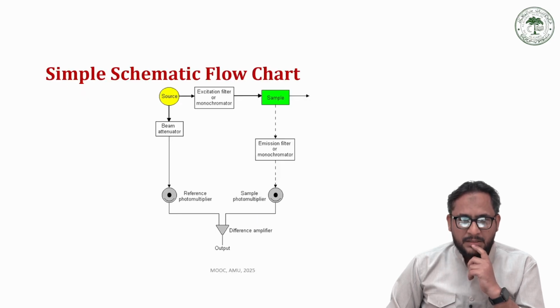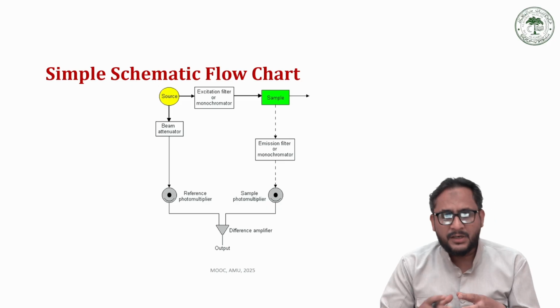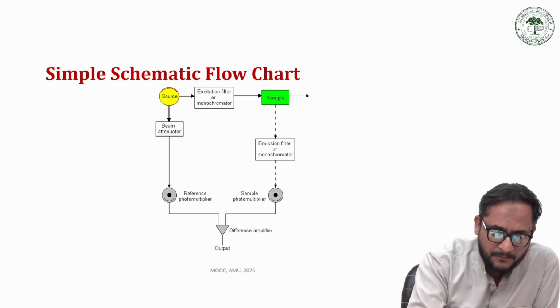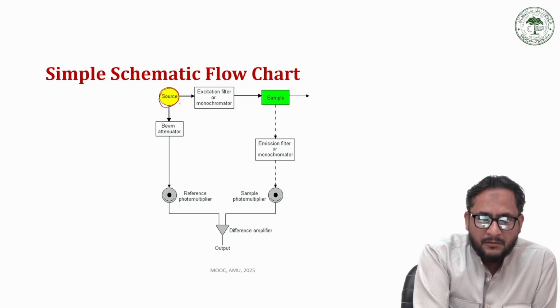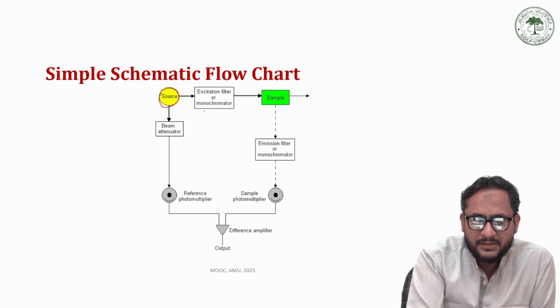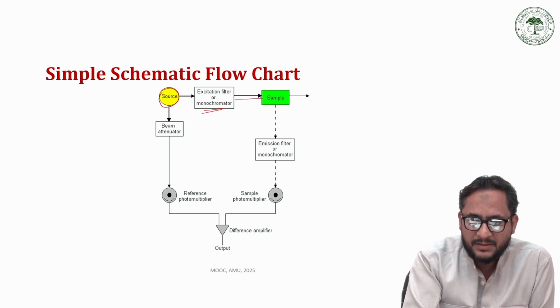This is a schematic diagram of a spectrophotometer where we have a light source which produces light radiation that passes through an excitation filter or a monochromator for selective wavelength, and passes through the sample.